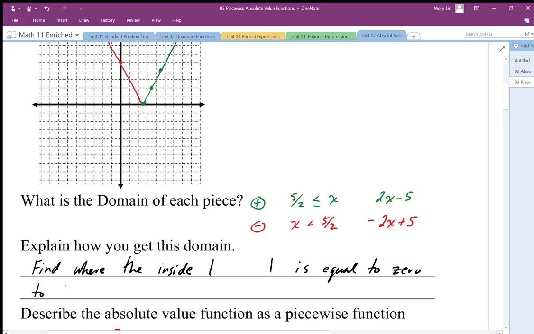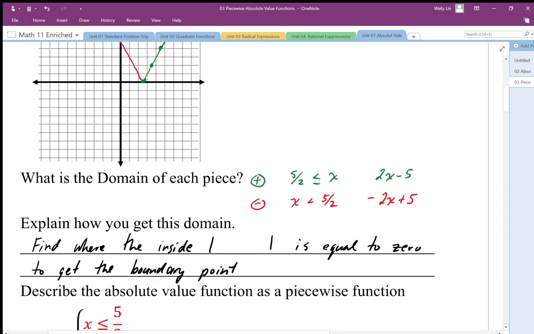That gives us the vertex, or the boundary point where the domain is going to switch.